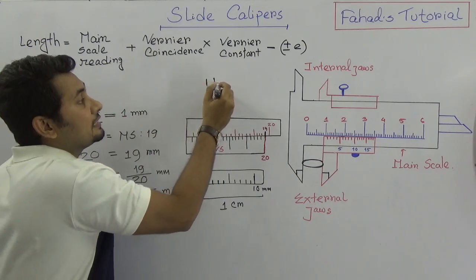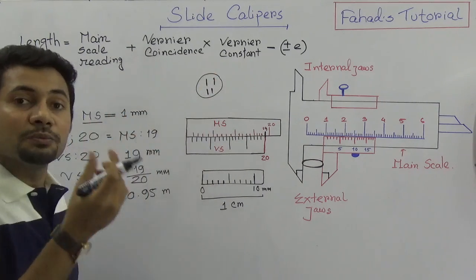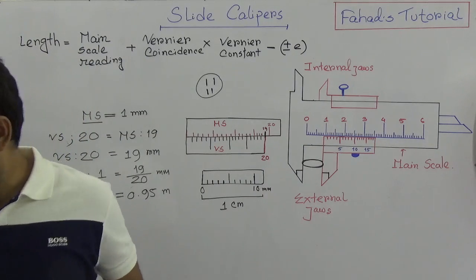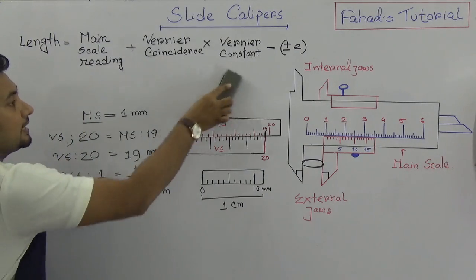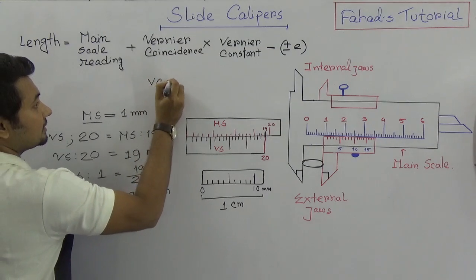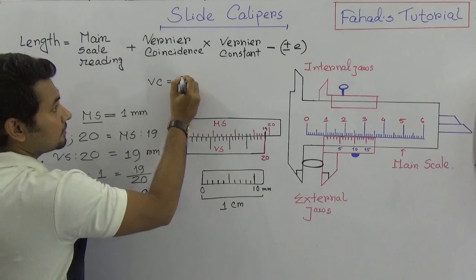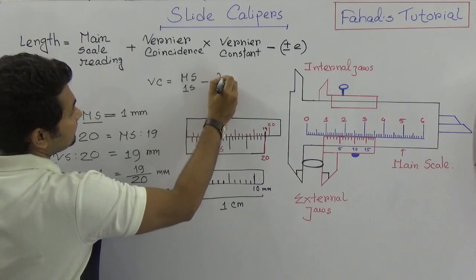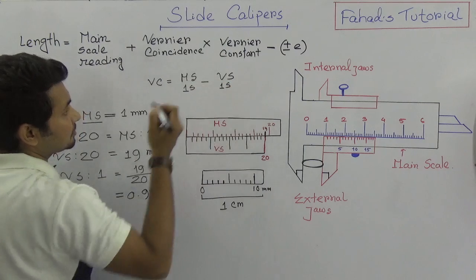Simply, the difference between these two spaces is the Vernier constant. So we can say that the Vernier constant is the main scale 1 space minus the Vernier scale 1 space.